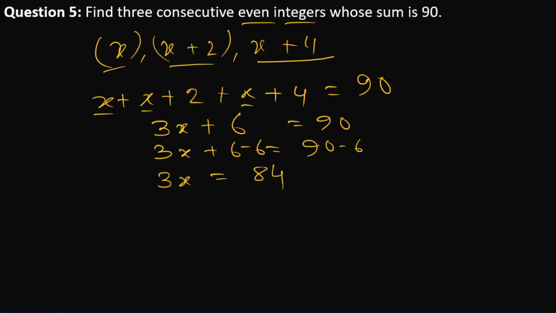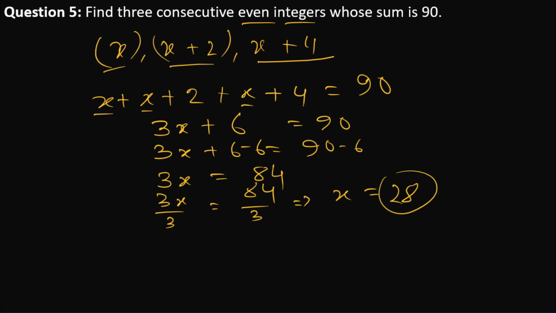So 3x over 3 and 84 over 3, and then we will get x equals 28. 3 goes into 8 two times, 3 times 2 equals 6, 8 minus 6 equals 2, and 3 goes into 24 eight times.